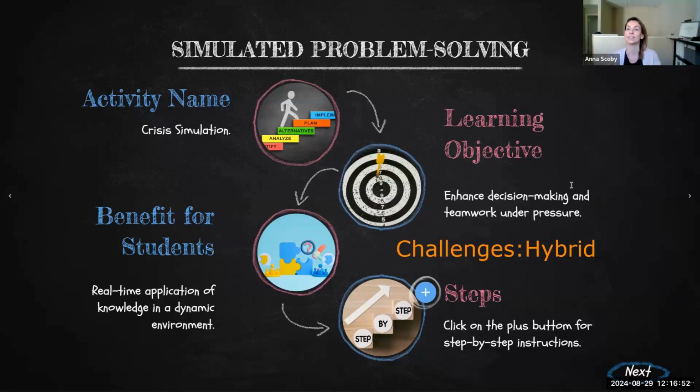Yes, getting them engaged at the same time, because me being in the classroom with them and then somebody being online, that's the challenge of the students being on site and the students being online. Okay. If the professor is on campus and the students are online, that's the one. So there are many challenges. Definitely, there are a lot of challenges.